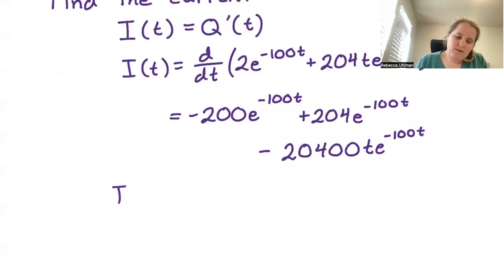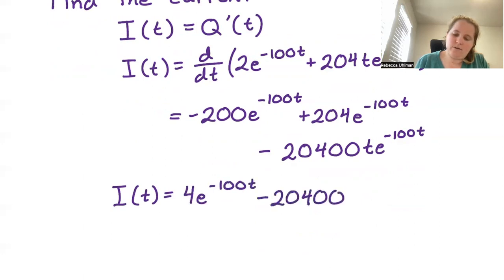And this becomes the current I of t is 4 e to the negative 100t minus 20,400 t e to the negative 100t. So this is our current based off of the initial conditions we were given and the resistance, inductance, and capacitance we were given in this free oscillation problem.